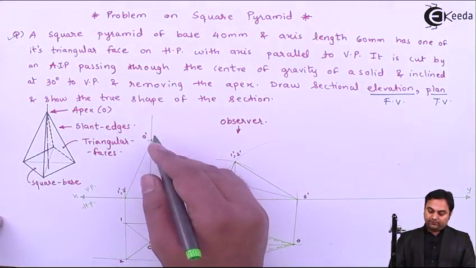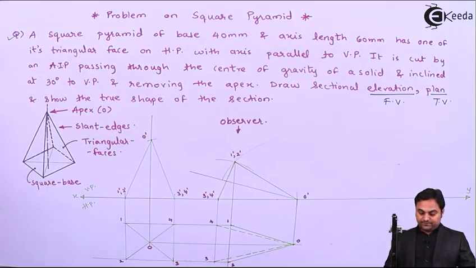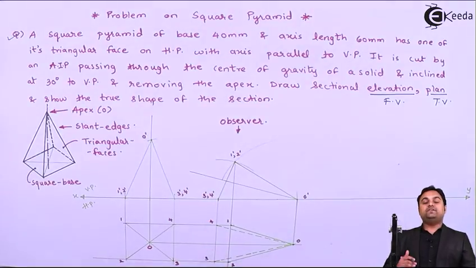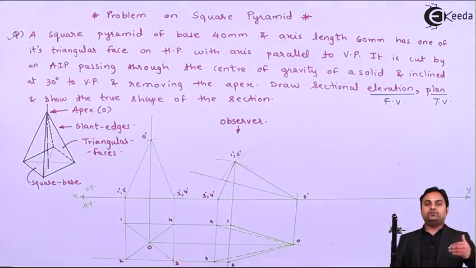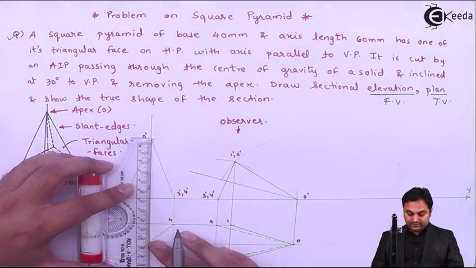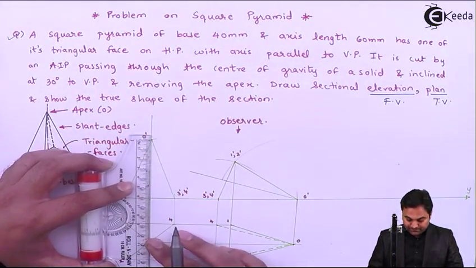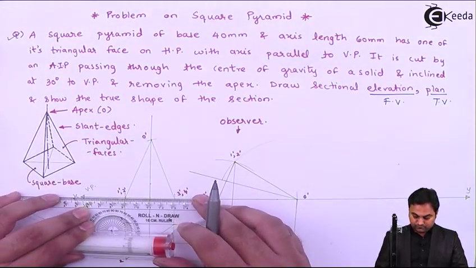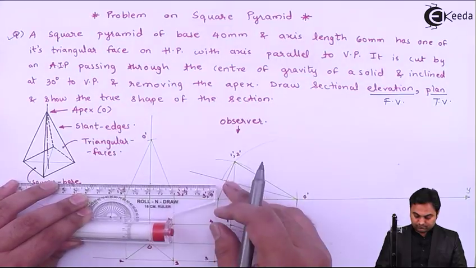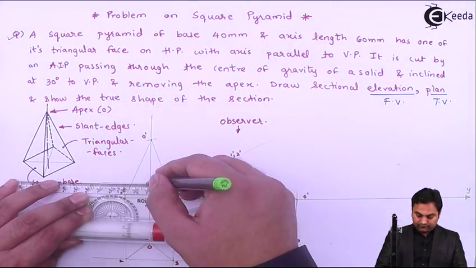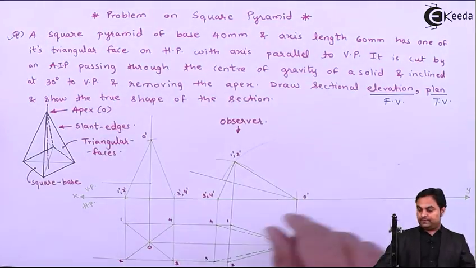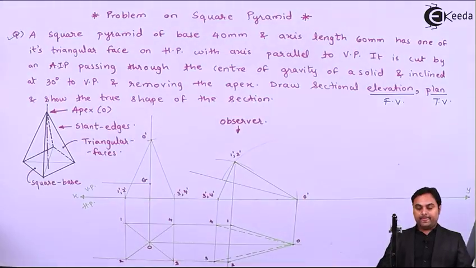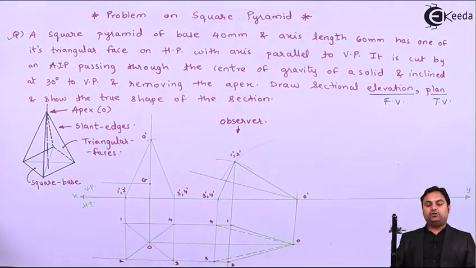Now the center of gravity of this pyramid is, since here the height is 60 and CG of the pyramid is located at h by 4 distance from the base, so h by 4 of 60 is 15 mm. So 15 mm from the ground or the base, there is CG denoted as point G of the square pyramid.